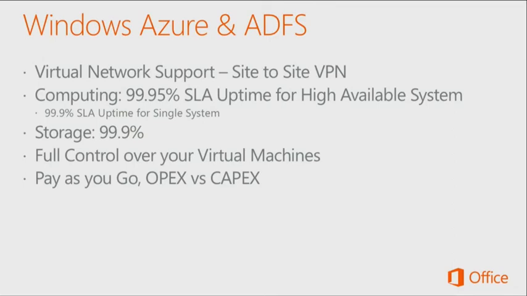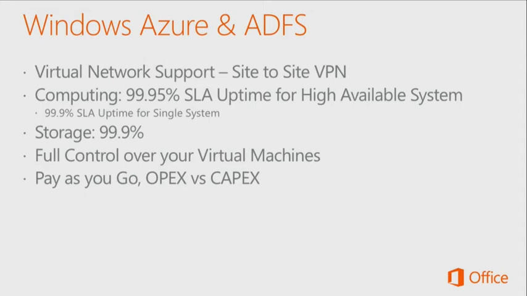Okay, great. Thanks, Steve. So Windows Azure is a cloud offering from Microsoft for hosting environments. You can do a lot of different things in Azure. What we're going to talk about today is Windows Azure and ADFS. We can create virtual network support between our network and Windows Azure, so we can get a 99.95% SLA uptime and 99.9% uptime on the storage.